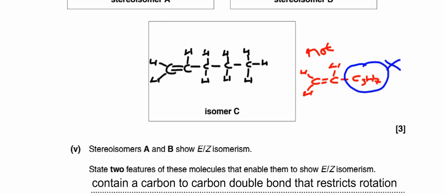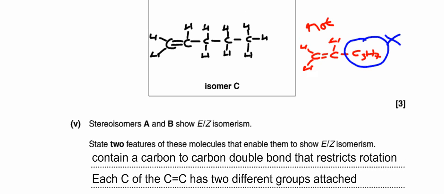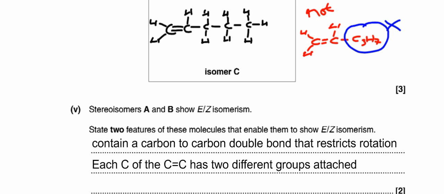And then the second point is that each C of the CC double bond has two different groups attached, and that again is the point that a lot of people miss, that it's each C of the CC bond that has two different groups. It's not just a carbon with two different groups attached, because it could be any old carbon in the chain. It's very important that you put that each C of the CC has two different groups.